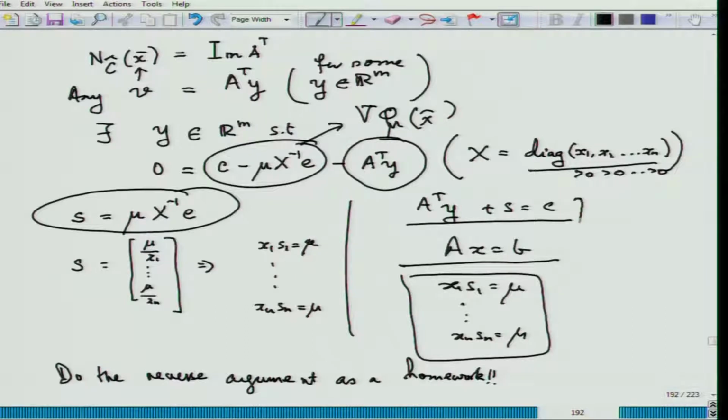So there is a relaxed KKT, and this relaxed KKT is also solved by the same solution. So B would imply D.